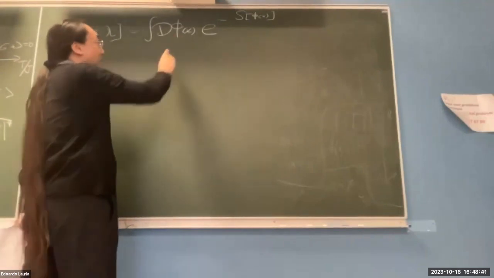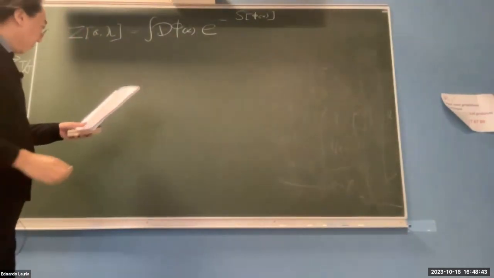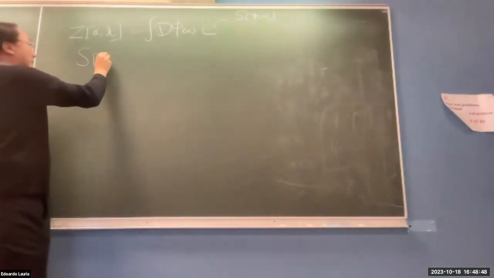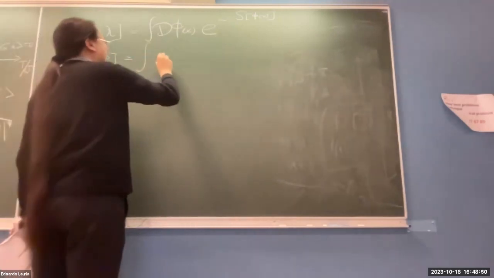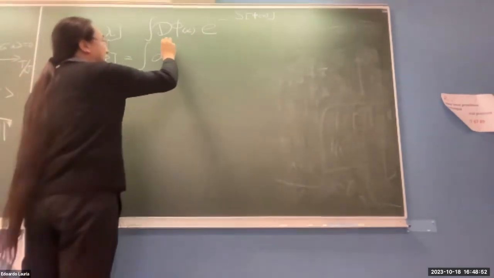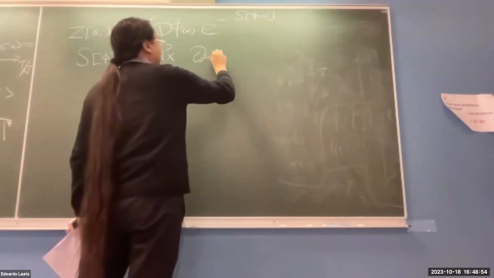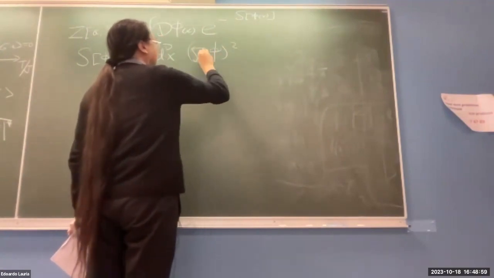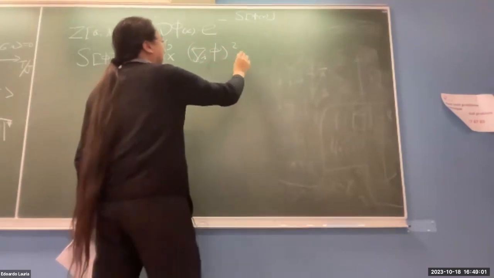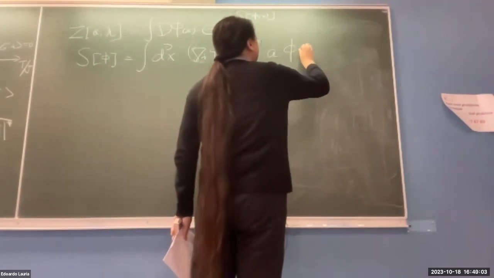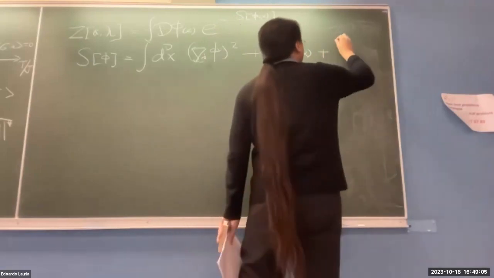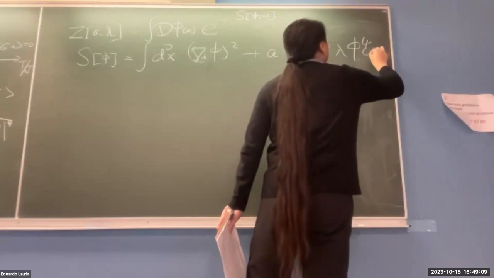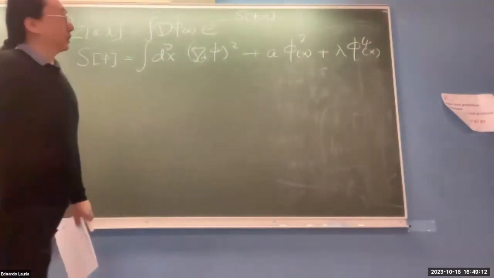This is a scalar function, and this is a functional, and it's basically the d-dimensional integration of phi, with the Laplacian squared plus a phi to the 4th.